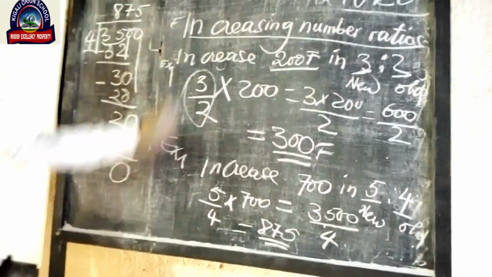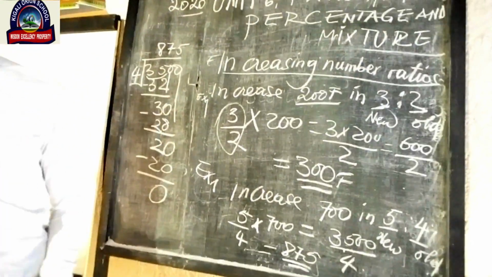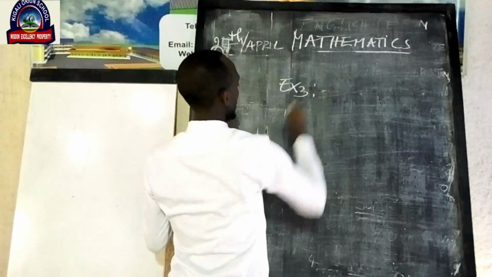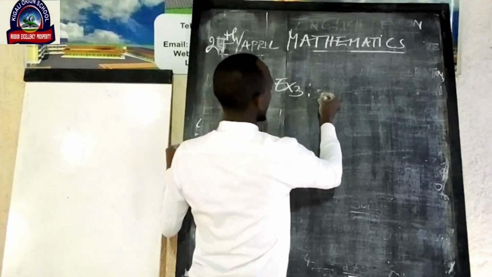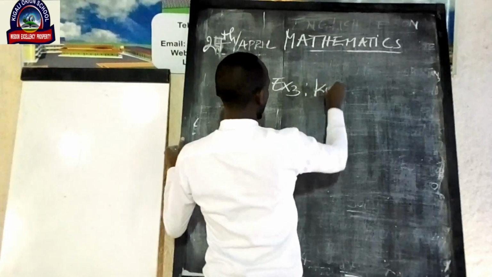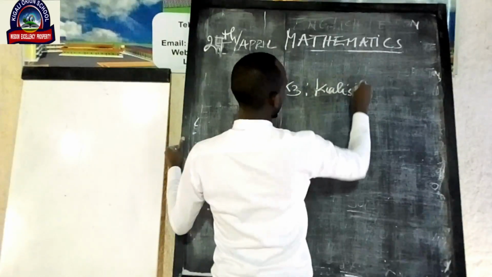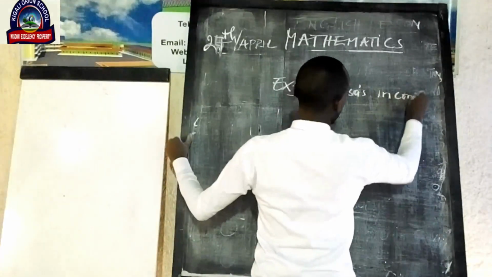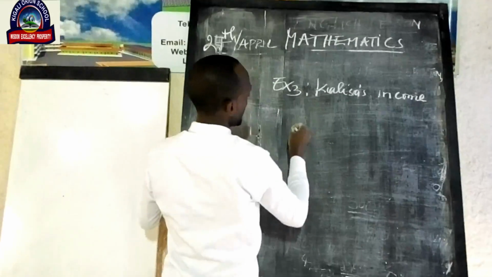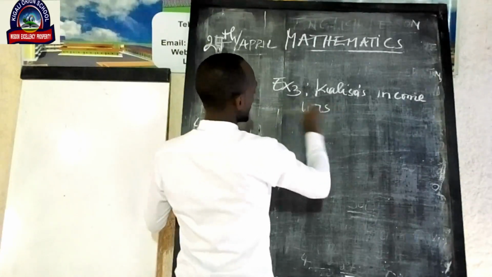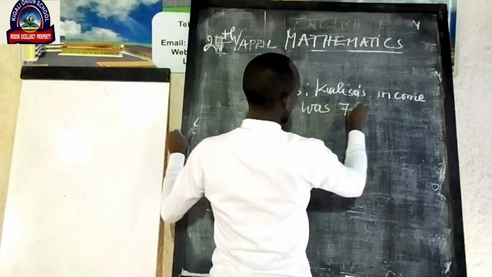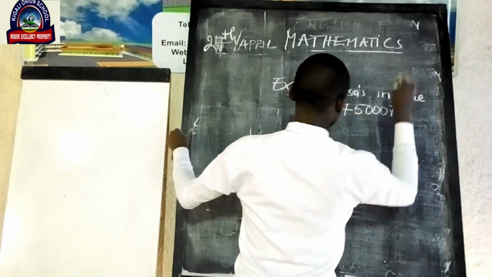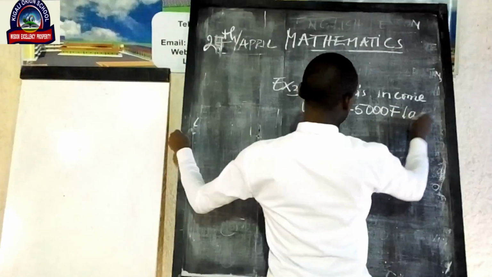So we go again to example number 3. Example number 3. We have that Carissa's income was 75,000 francs last year.